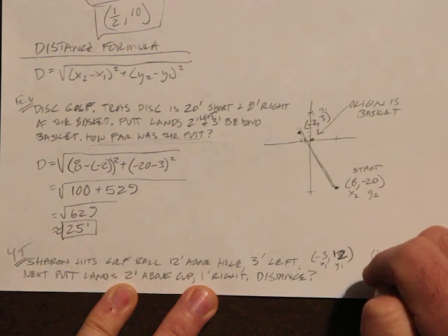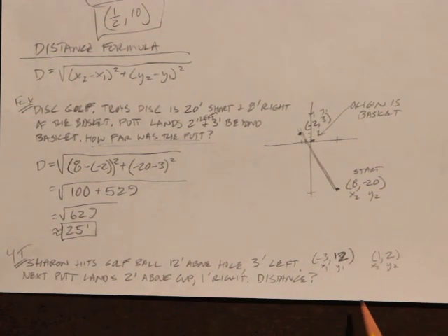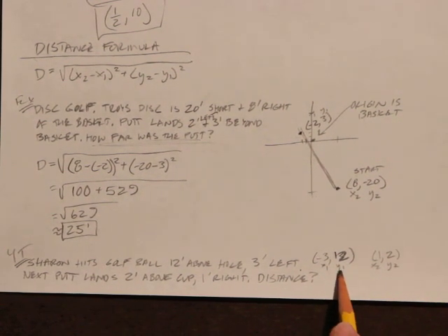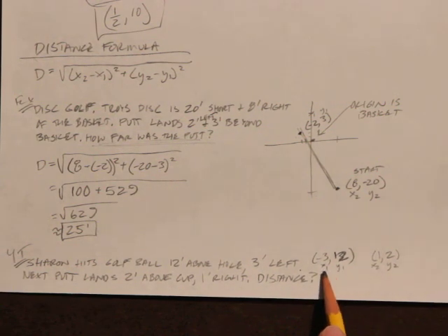So to the right would be a positive 1, above is 2, so this would be x2, y2. So check your points, those points should be good. It doesn't matter which is which, you should still come up with the same answer.